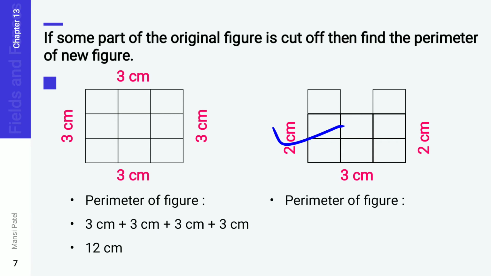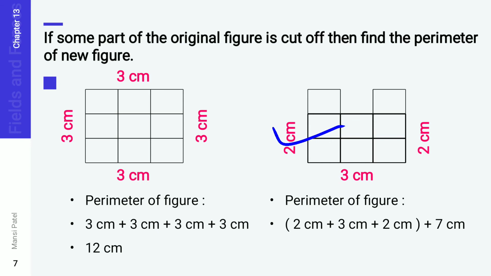So now first of all you want to add these 3 units. So it's like this, 2 centimeter plus 3 centimeter plus 2 centimeter, and after that you have to add 7 centimeter. How does this 7 centimeter come?